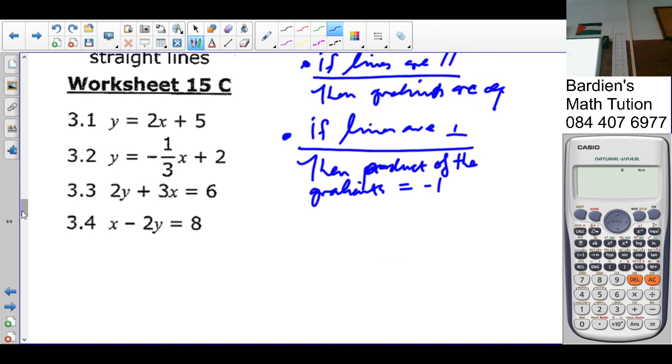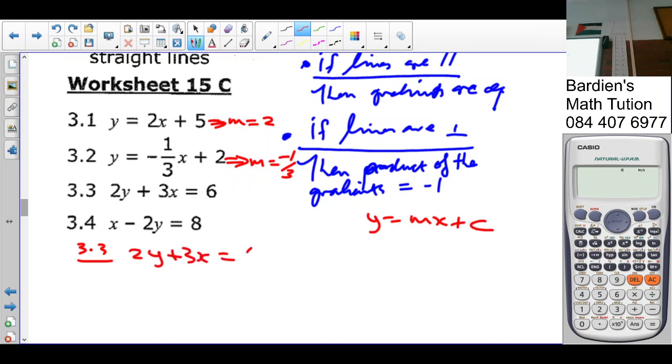So what is the gradient of the first line? The gradient here is 2. What's the gradient of this line? Negative a third. So let's look at 3.3. How do I get to read the gradient? It must be in the form y equals mx plus c. If you've got 2y plus 3x equals 6, how do I get that equation in that form?